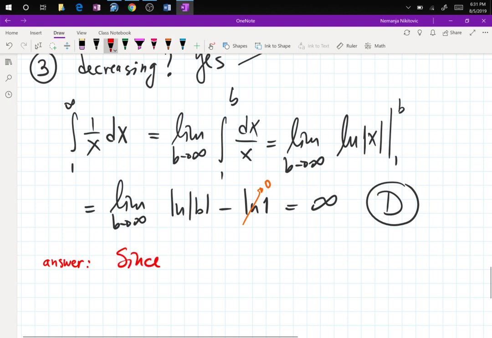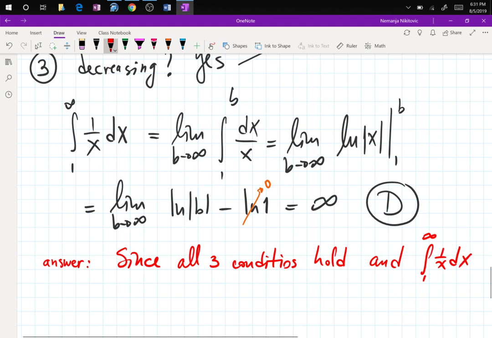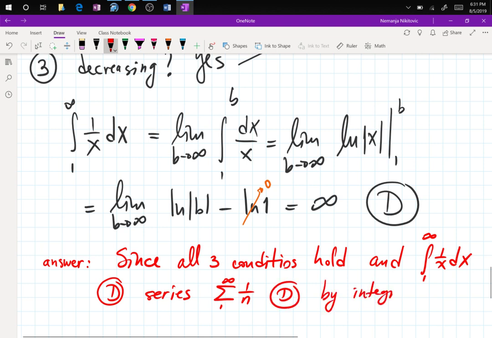Since all 3 conditions hold and integral 1 to infinity 1 over x dx diverges, series summation 1 over n from 1 to infinity diverges by integral test. This sentence is not optional.